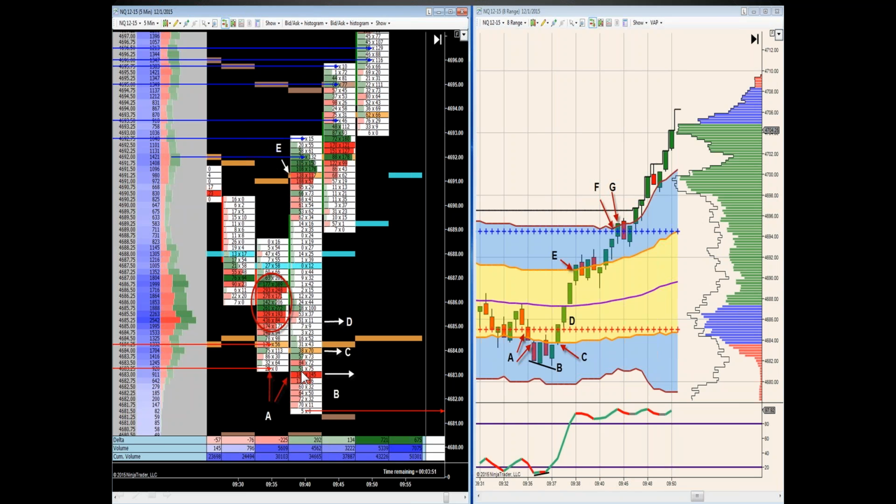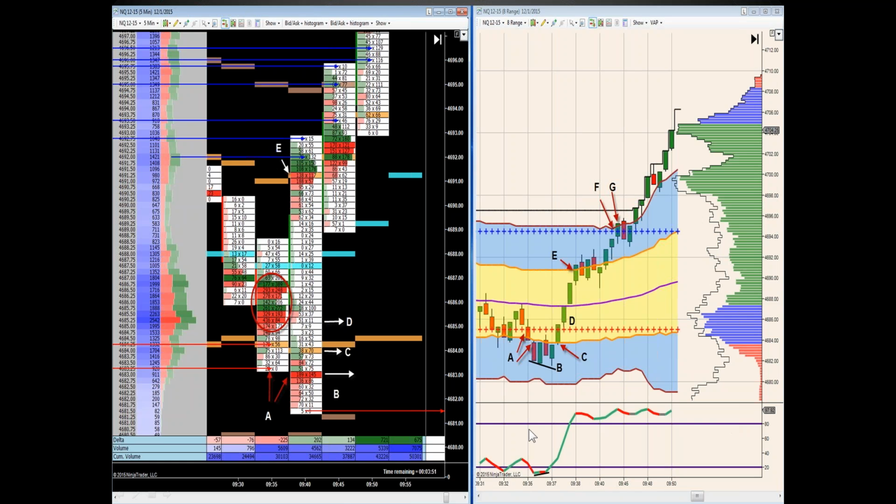You can see I've got this real dark red color. So that's telling me this is a high volume of sellers on this bar compared to all the other price levels on this bar. When you see that and then you don't see them piling in underneath, that's a good indication that price is probably going to change direction. So if I was short, I would be looking to tighten my stop or take something off the table.